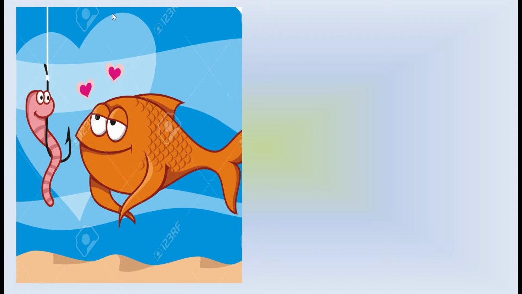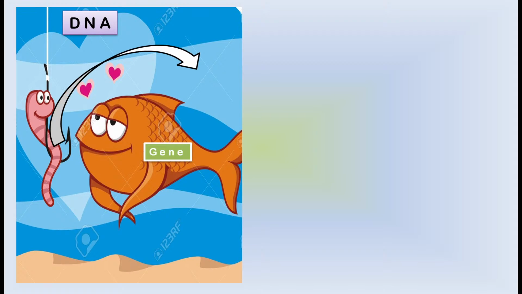See this picture. Here the blue color is the ocean, which is DNA. We want to find the gene. The fishes are genes. If you want to find the desired or targeted gene, we need to add some bait.